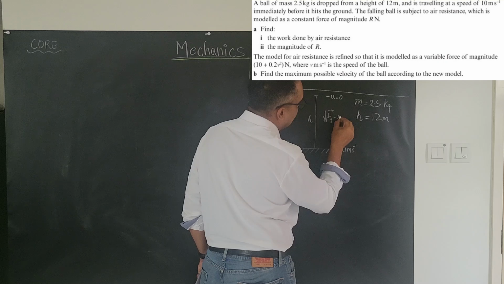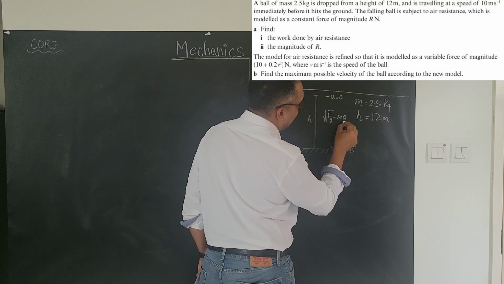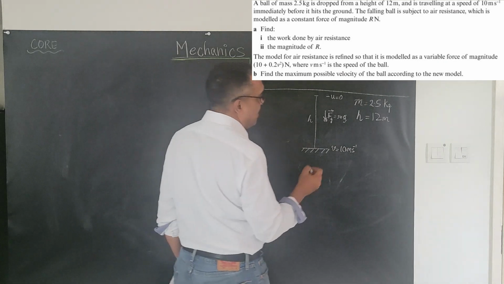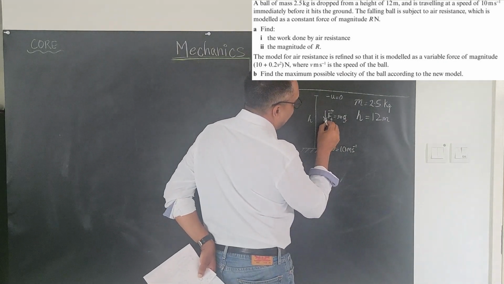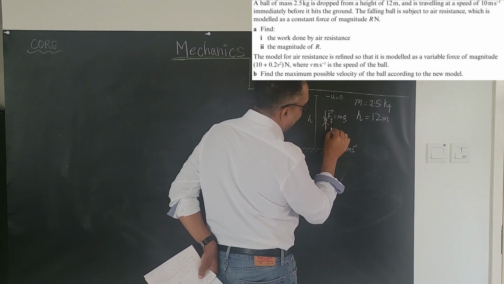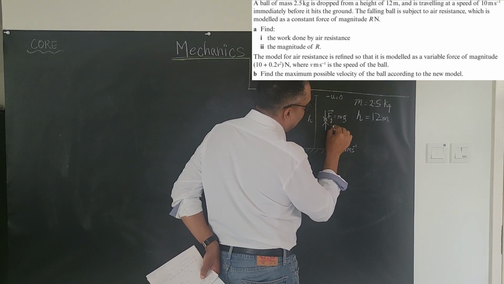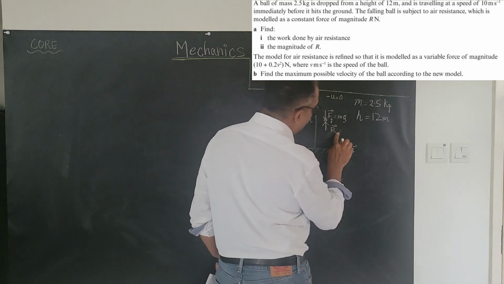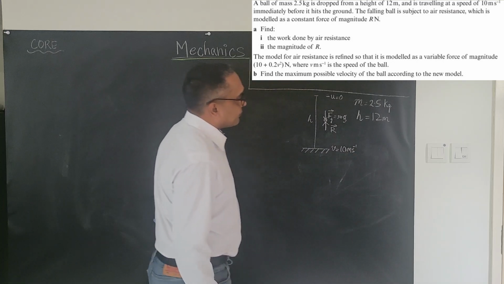That's m times g. Remember, unless specified, acceleration due to gravity is always 9.8 meters per second squared. There is air resistance that is this way, and they've given that to be r. Have they provided r? They haven't. They just told you there is an r. Okay.